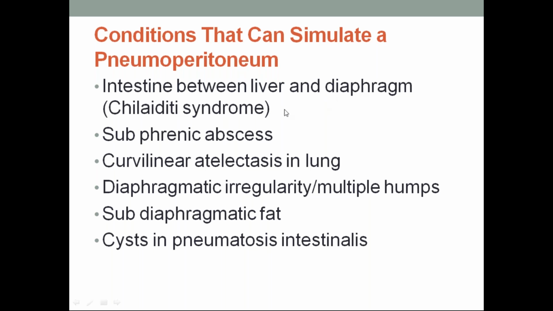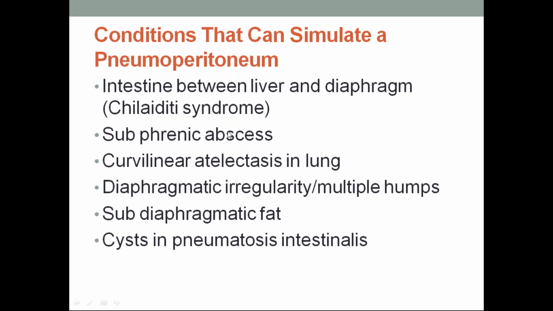And in some other conditions like subphrenic abscess and curvilinear atelectasis in the lung, and during lung collapse also, we will find the same situations. And in subphrenic abscess, what will happen? There will be air fluid levels in the abscess. Due to infection, there will be some air fluid levels in the abscess.